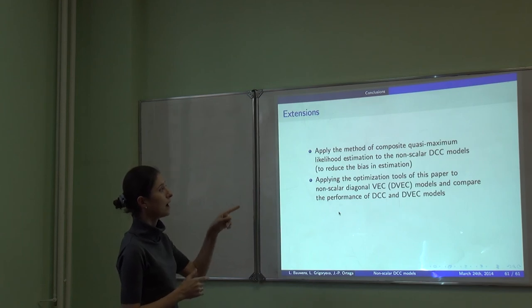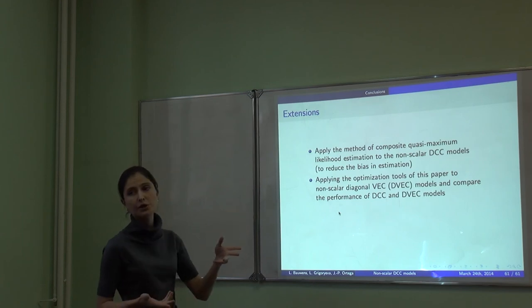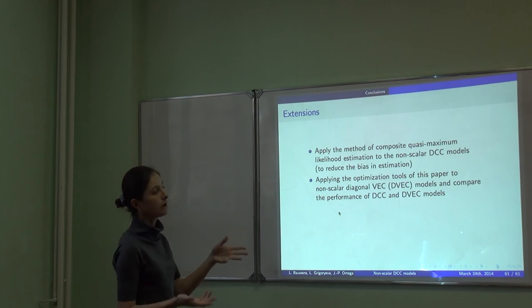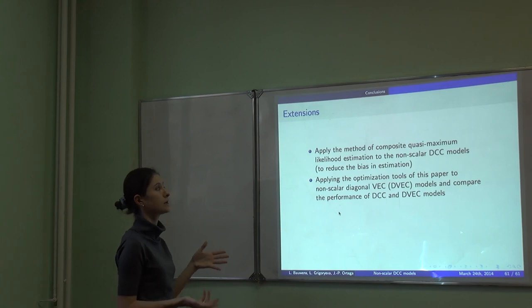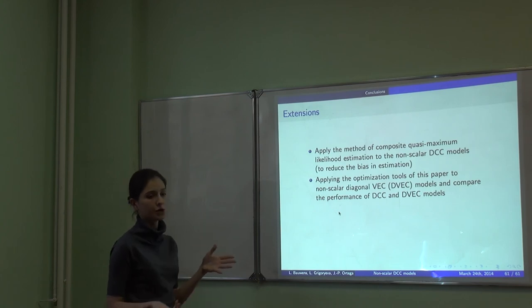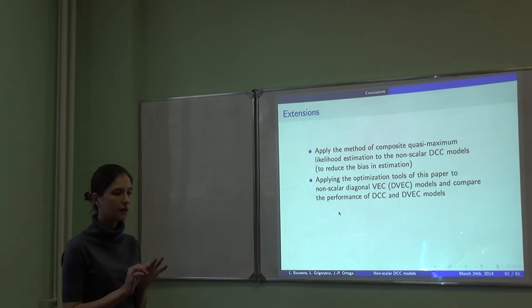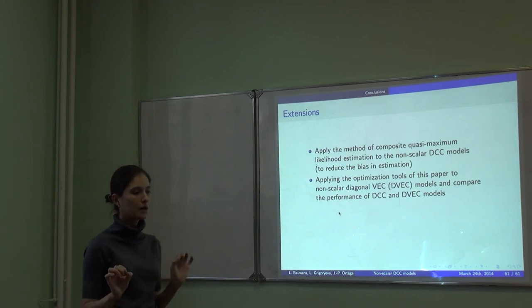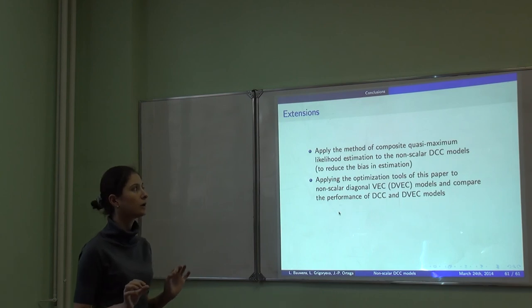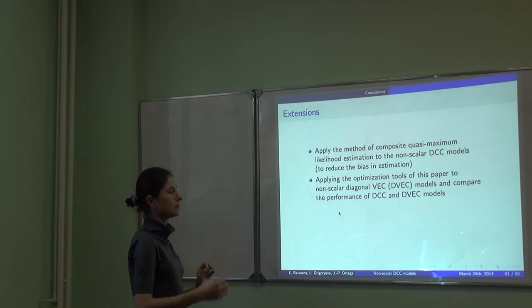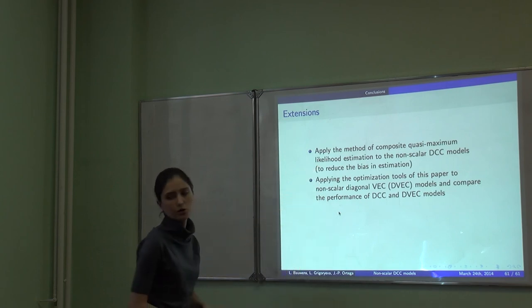We applied these optimization tools for so-called DVAC models. We also put to work the composite maximum likelihood estimation for these models. That gives us the chance to reduce the number of parameters for all these models that I just described, based on the fact that we are working with sub-models, dividing our log likelihood estimation problem into a composite log likelihood estimation.